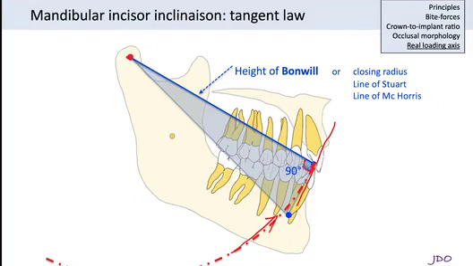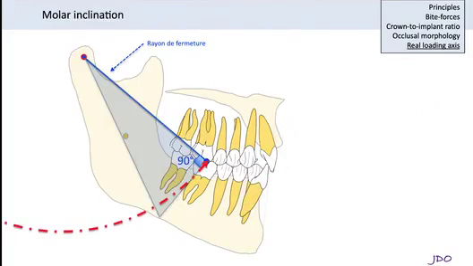It is inclined. And it is the same for the molar, but the inclination is different. Like this. And it is the direction of the teeth, to optimize the verticalization of the loads along the long axis of the teeth. The same for the implant.